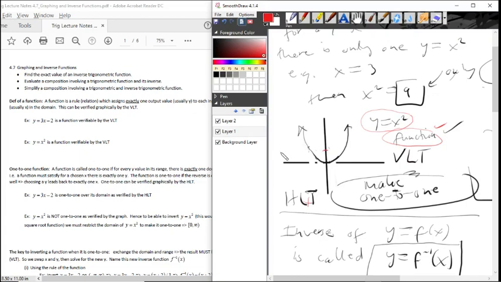It's saying if we were to select a y value, that is to draw a horizontal line, that is us choosing a y. If we notice that it intersects the graph in more than one location, then it is not 1-to-1. This curve here fails the horizontal line test. For example, if we choose the horizontal line where y is equal to 9 on the graph of y equals x squared, it will intersect the curve at two locations.